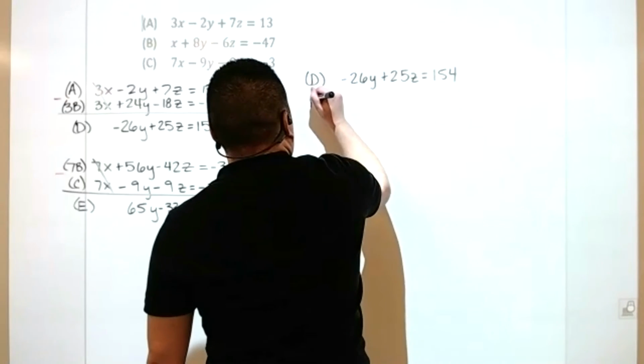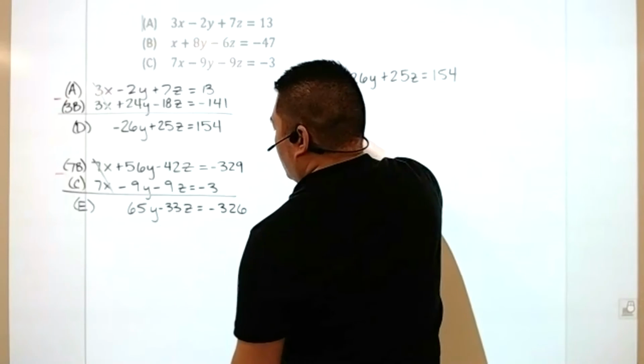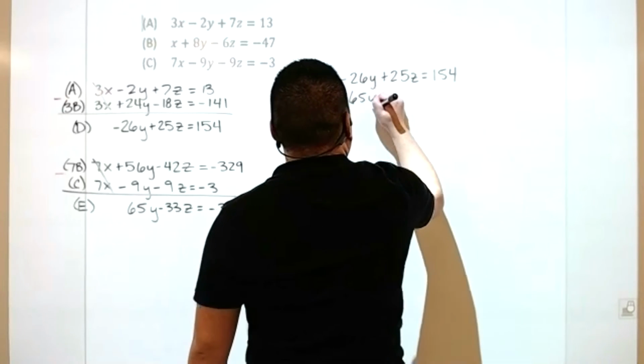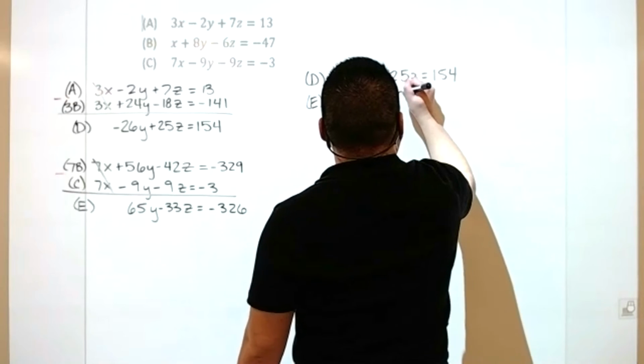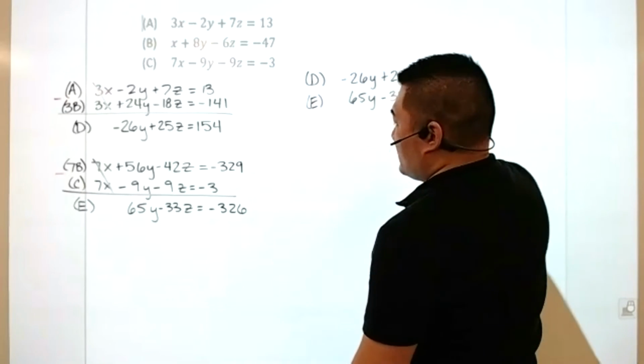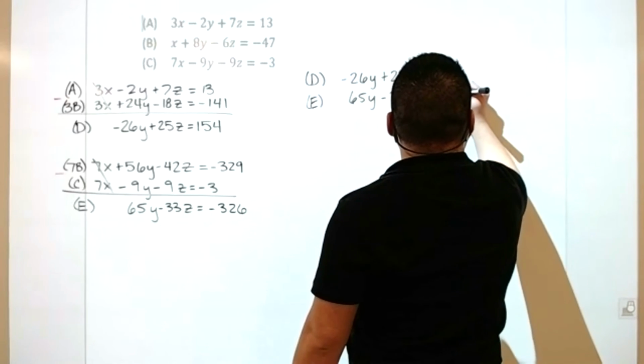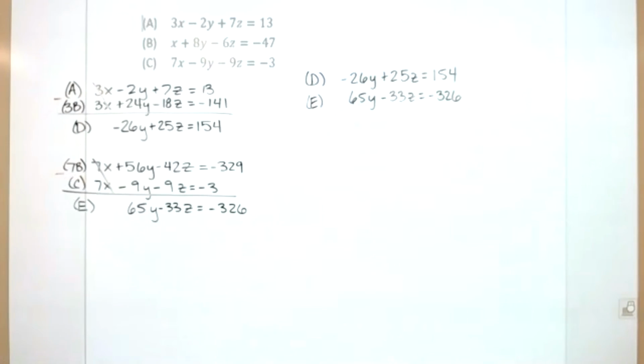And equation E is 65y minus 33z equals negative 326. I have to get either the coefficients on y or z to match, and it's not going to be pretty.